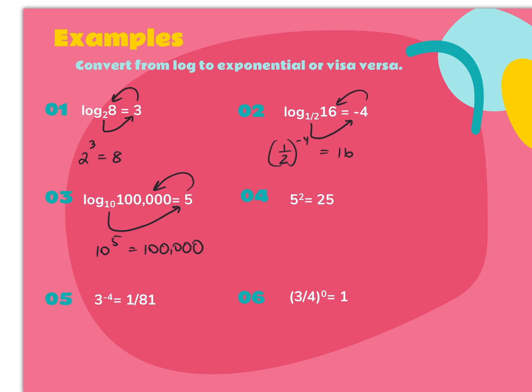And if I'm doing it the other way, I'm going from an exponent to a log. I know I have to have the word log in all of these. And I know that this base becomes my subscript, this solution goes here, and my exponent becomes the answer on the other side. And so I'm like, okay, let's double check it. 5 squared is 25. I definitely did it right.